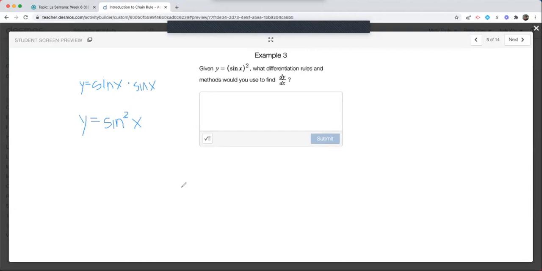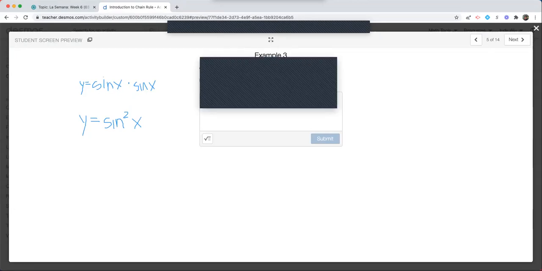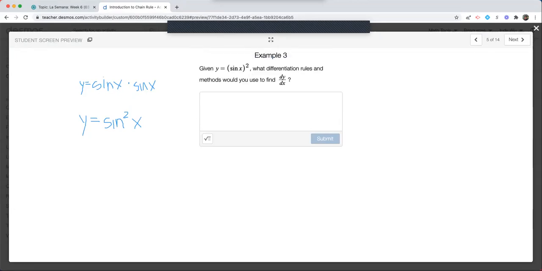That's actually a structure I wanted to make sure was really visible for us. Sine x squared is the same thing as saying y equals sine squared x. Depending on who you had for trig, that may or may not have been clear to you.